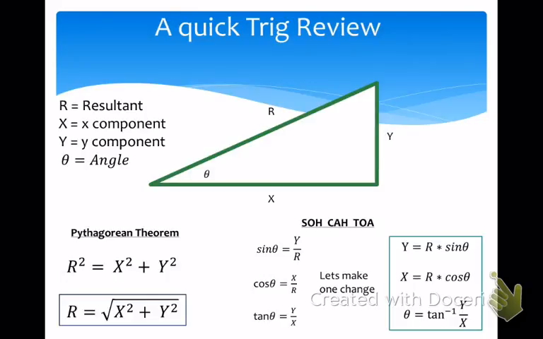I can get the y component if I take the resultant times the sine of the angle. Or I can get the x component with the resultant times the cosine of the angle. And if I need the angle, it's the inverse tangent of the y component divided by the x component, okay?